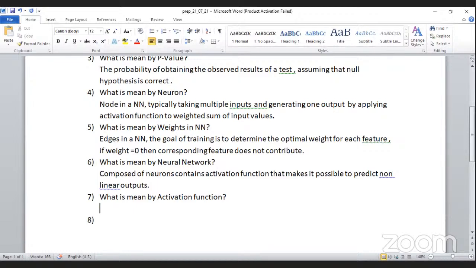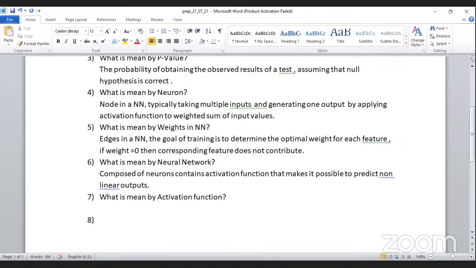ReLU, tanh, softmax, ELU, those are the activation functions. Nuri, you have given the right answer that it activates the neurons to produce the correct output. But what is that? It is a function. Which kind of function? It's a mathematical function, like Vishwanath mentioned, linear function to non-linear function.